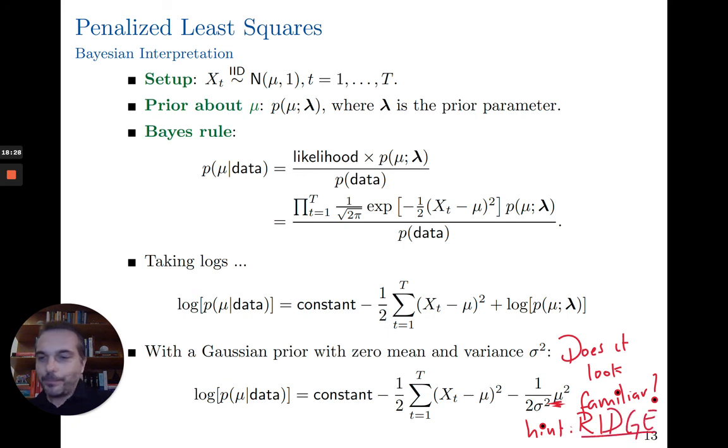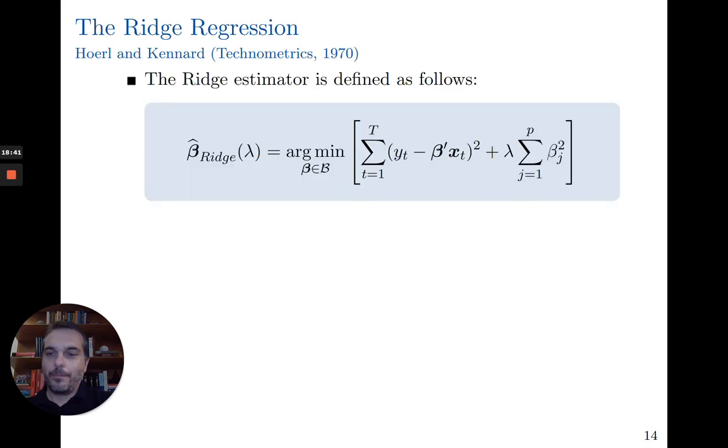Ridge. So there's a relation between shrinkage and Bayesian statistics. We are going to discuss a lot about that over the course. Okay? Right, so the Ridge estimator that we saw last week is defined exactly as the sum of squares plus the penalty term, which is a squared penalty term.